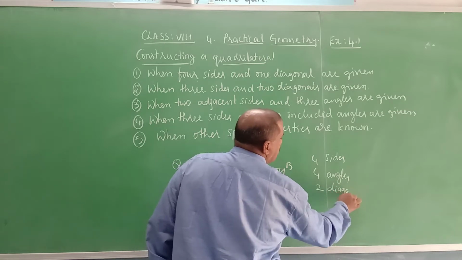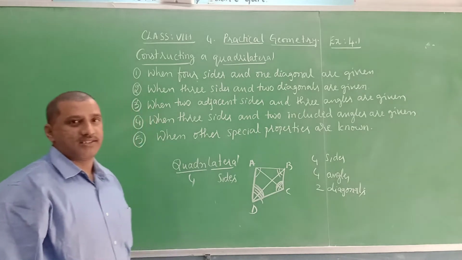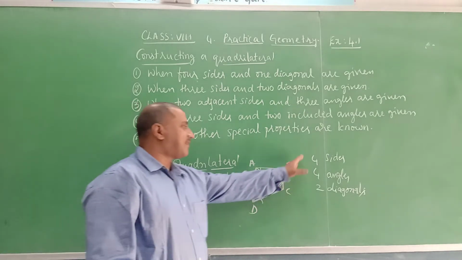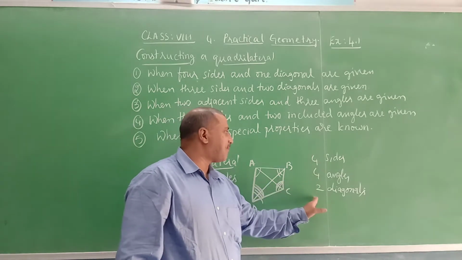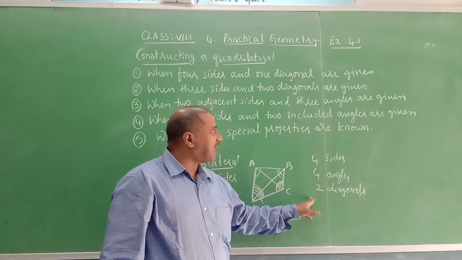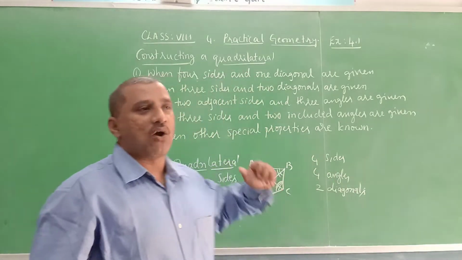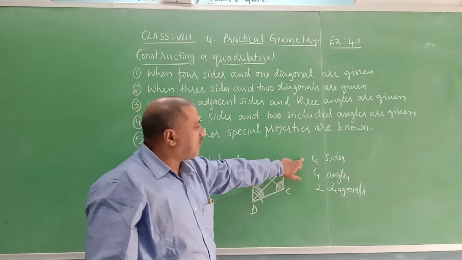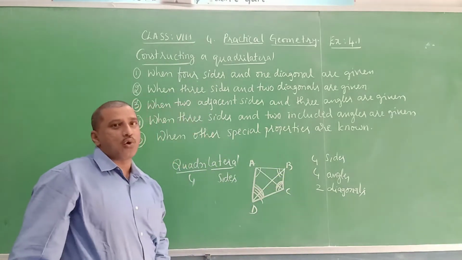Two diagonals, four sides and four angles. In total there are 10 measurements, 10 elementary parts of the quadrilateral. Out of these 10, if we know any 5, then we can construct a quadrilateral.